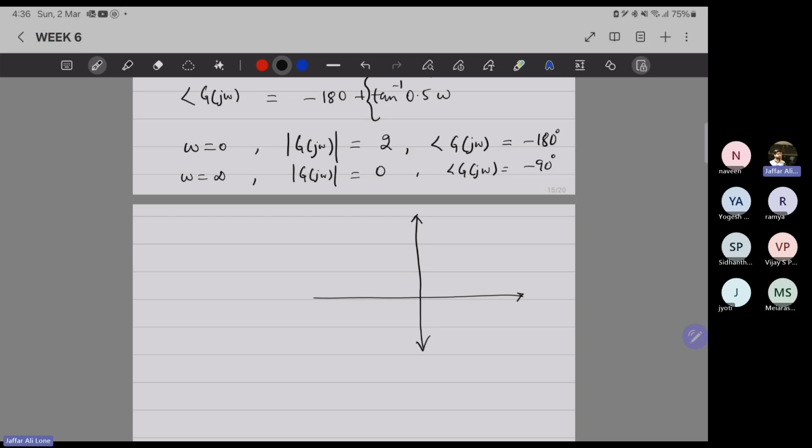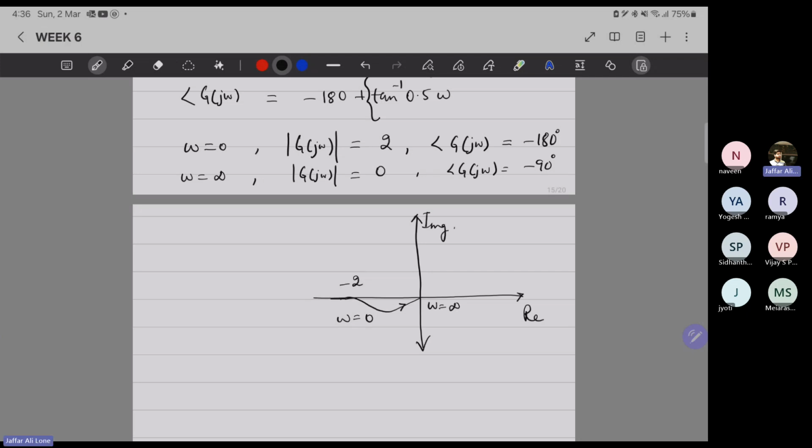Similarly, as it starts decreasing, I'll get something like this. I've directly written the values. You check the calculations yourself, and accordingly you can draw.